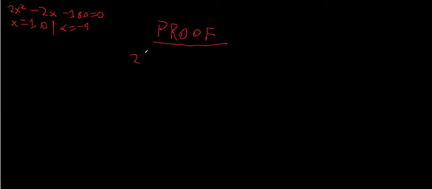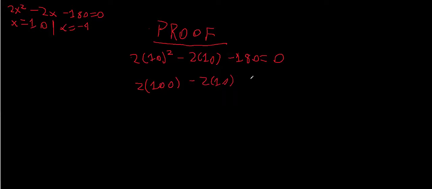So we have 2 times 10 squared minus 2 times 10 minus 180 equaling 0. So once again, we'll solve this with 10 squared being 100, and 2 times 100 minus 2 times 10 minus 180 equals 0. 2 times 10 would be 20 minus 180 equals 0, and then we'll write the 2 times 100 over there.